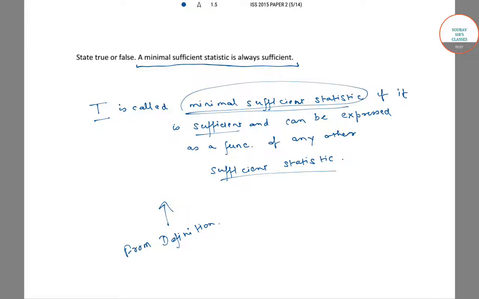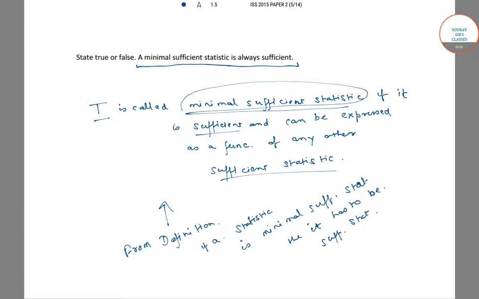That is, if a statistic is a minimal sufficient statistic, then it has to be a sufficient statistic.